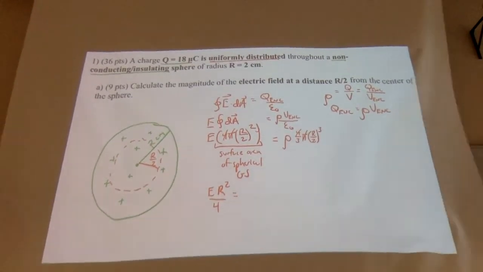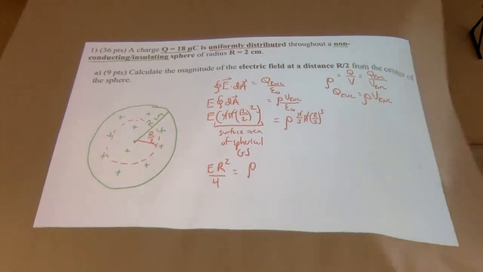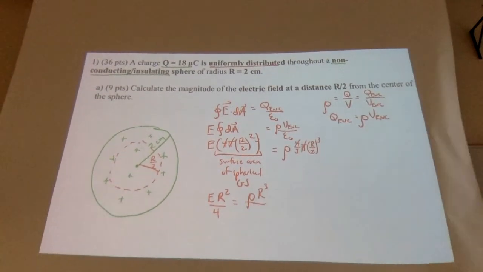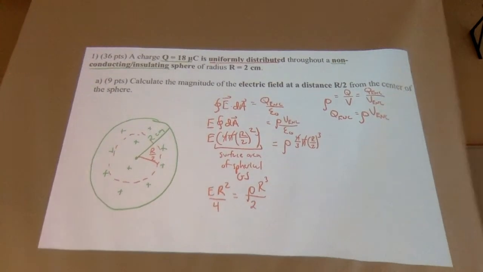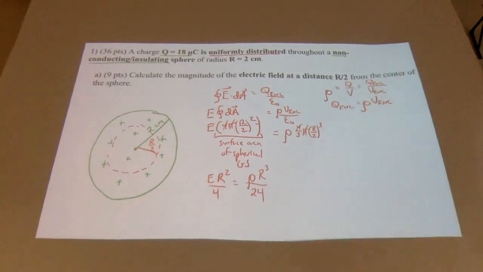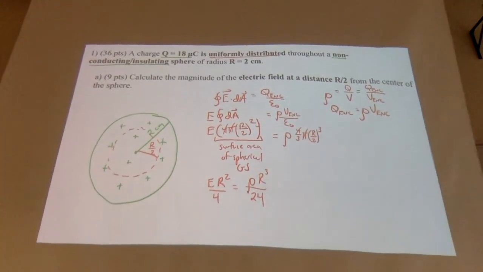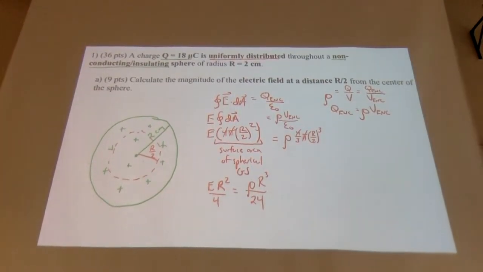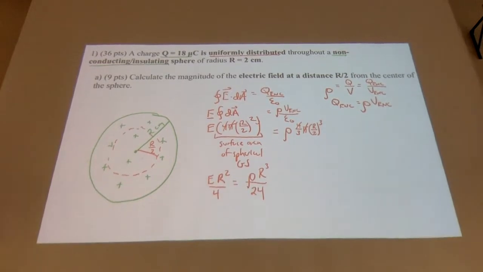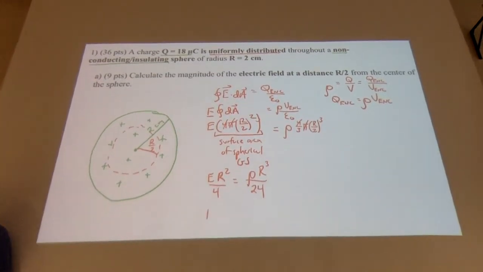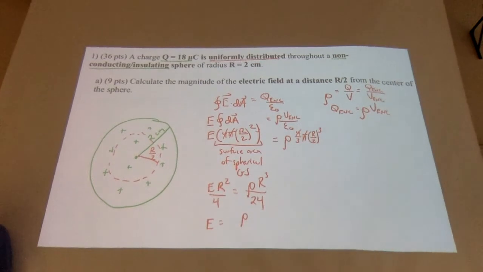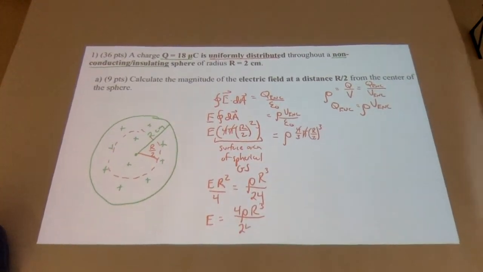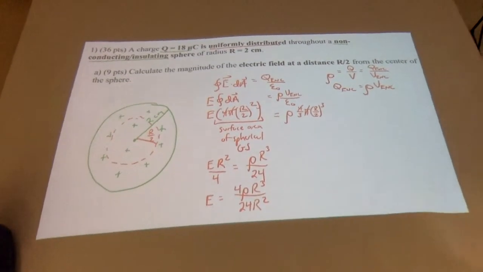On the right side, I have the density, an r cubed, and in the denominator, a 3 times an 8, so that's 24. 3 times 2 cubed. So let's solve that for E. We've got density times r cubed times 4 over 24r squared.